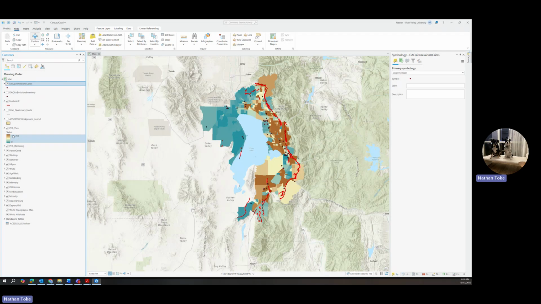So that's a PCA of things like percent poverty, percent low educational attainment, percent dependency, first principal component of that. And so it's supposed to be capturing areas of relatively high social vulnerability in the county.